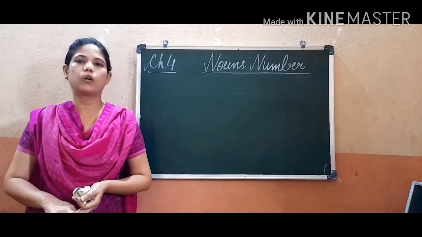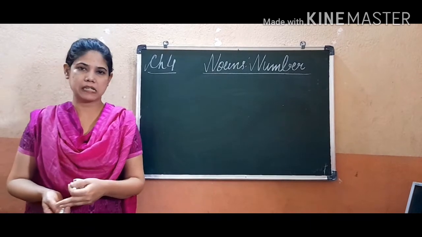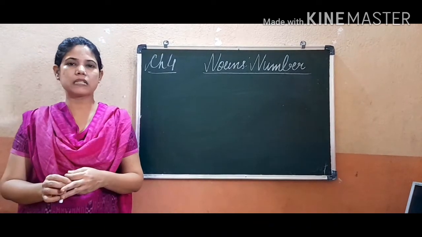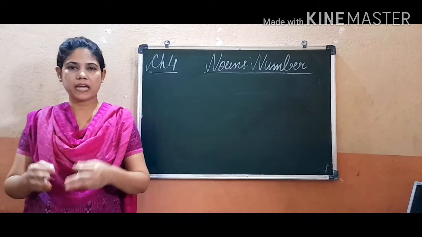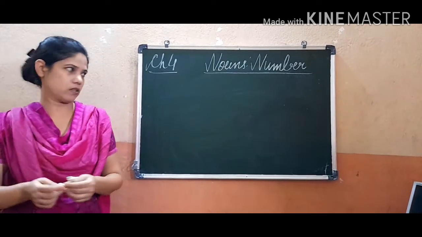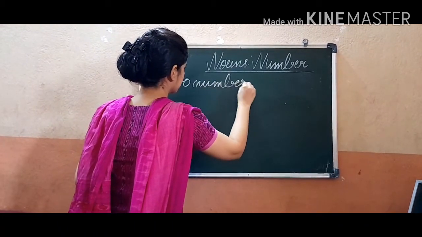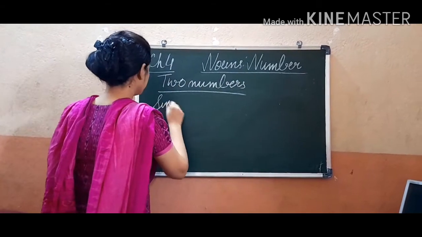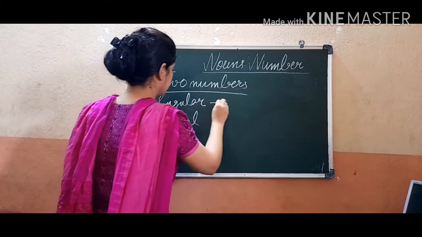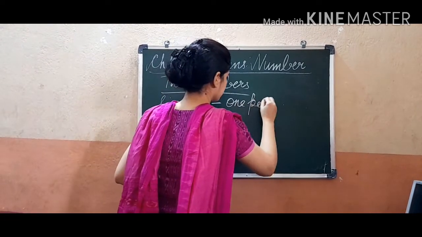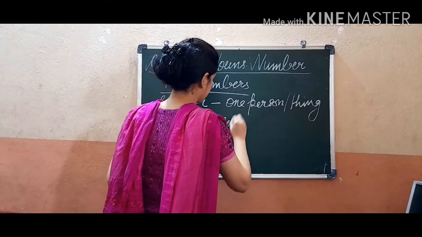Singular number stands for one person or thing like table, chair, pen, pencil, etc. Whereas plural number stands for more than one person or thing like tables, chairs, pens, pencils, etc. So there are two numbers: singular, one person or thing, and plural, more than one person or thing.